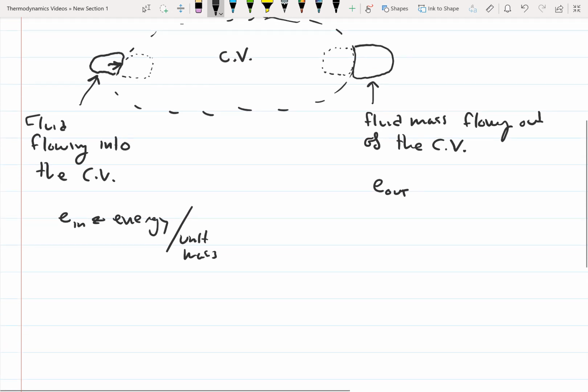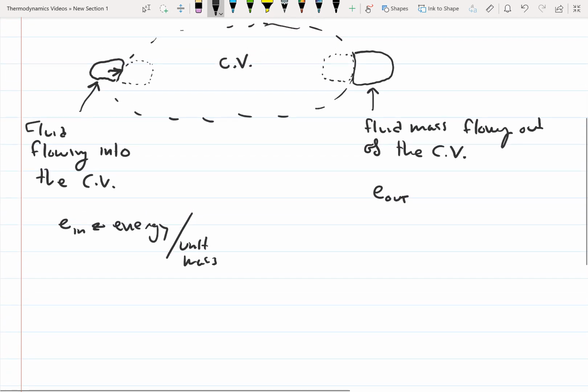And so what we can do is say, okay, we have this process of the mass flowing in, and then it's flowing out over a certain amount of time, dt. So I'm going to say that the energy at state 1. So what we want to do is imagine this change with time.